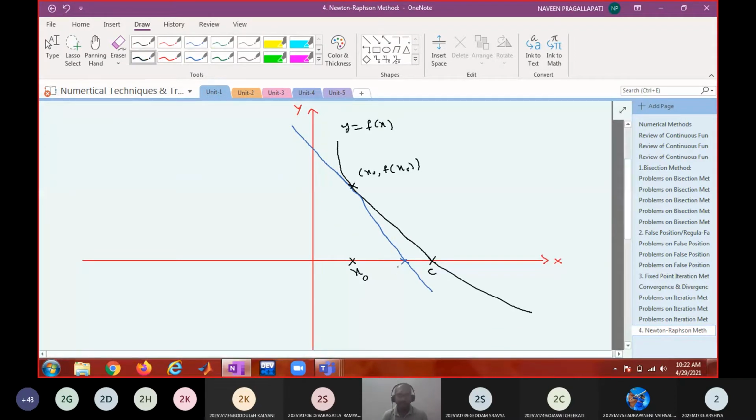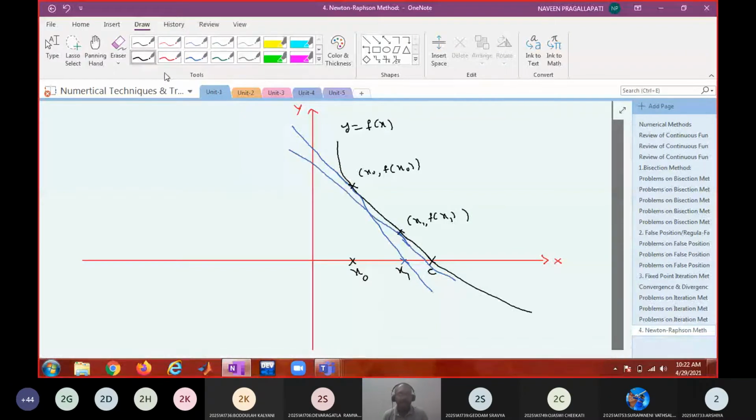So this is x1. Now again you identify the point on the curve which is x1 comma f of x1, and at that point again you draw the tangent to the curve. See where this tangent is crossing the x-axis. Okay, so that is going to be the next approximation.